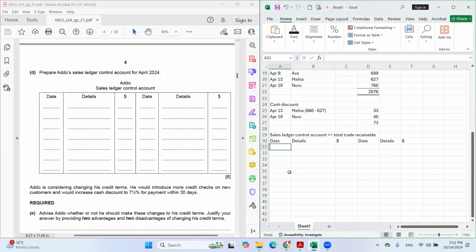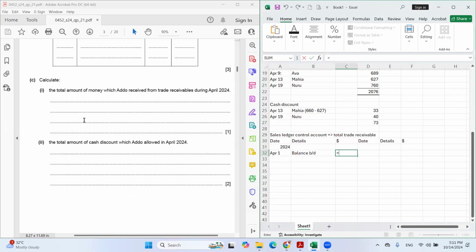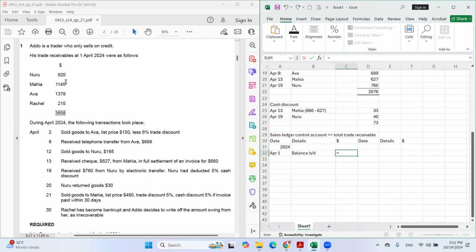Okay, so 2024, April 1st, balance BD. Where does this balance BD come from? The balance BD is from here, the opening balance on the first day, 1st April. This one, 3658. And the question says they sell on credit only.